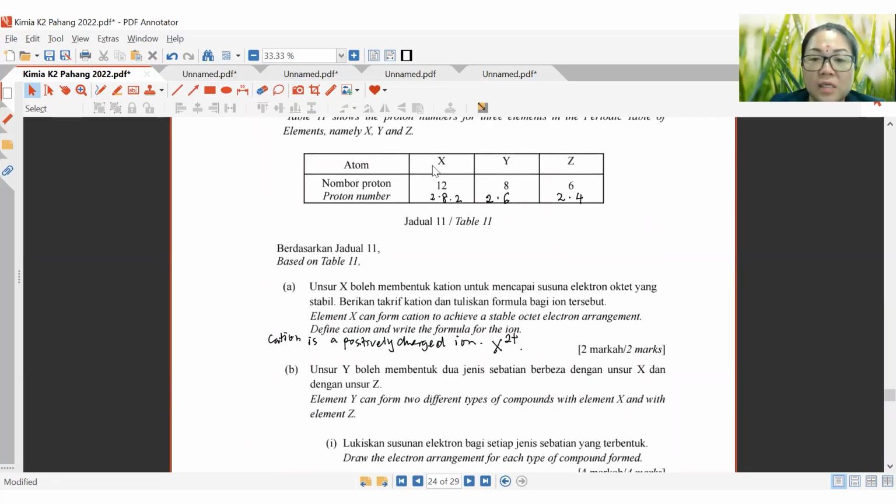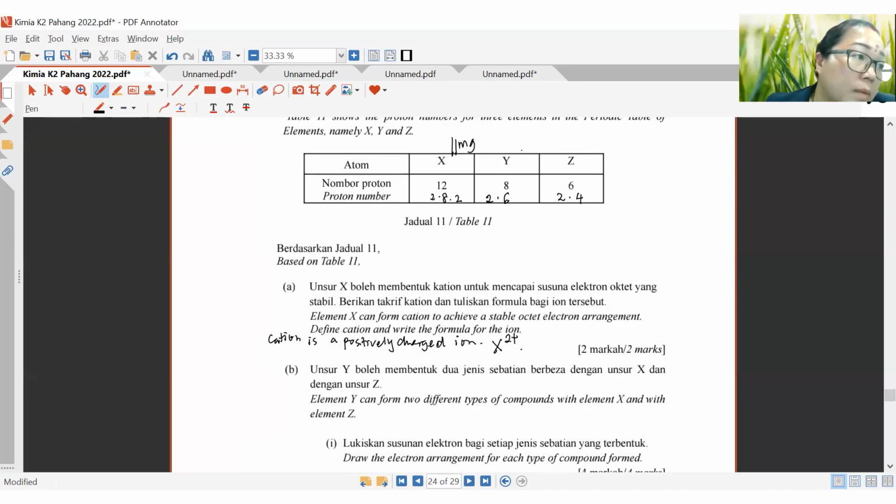So besides X, it can be 12. 12 will be magnesium. Besides X, it can be magnesium. Besides Y, it can be carbon.